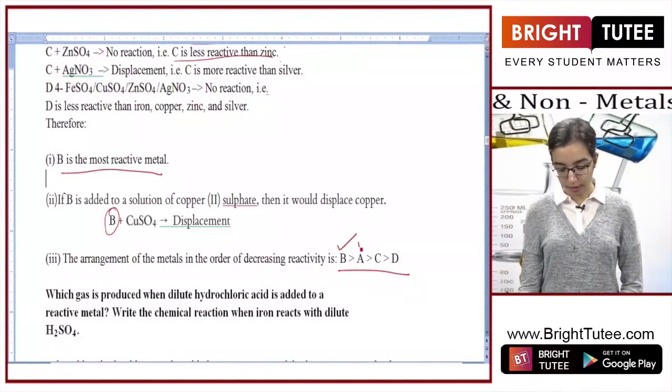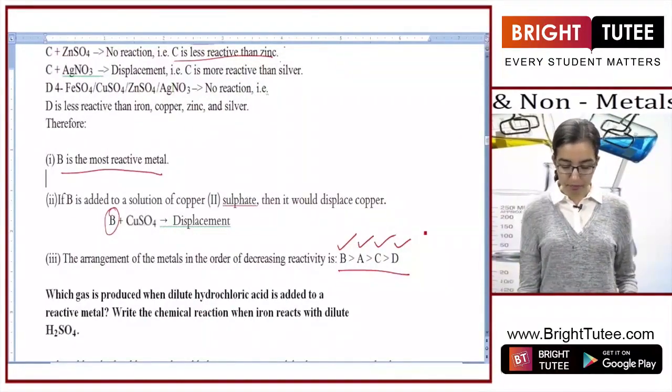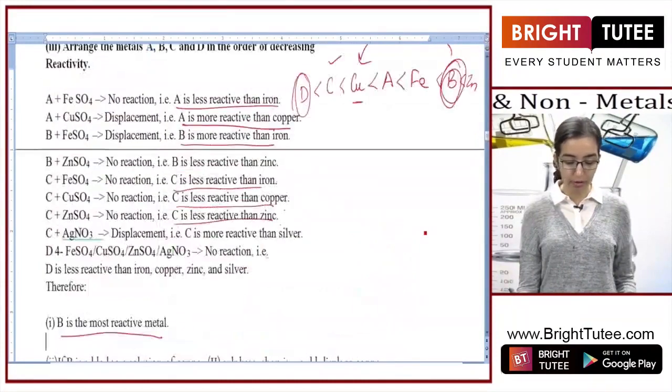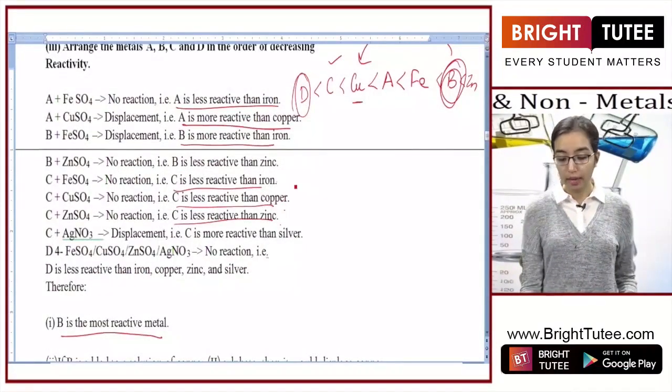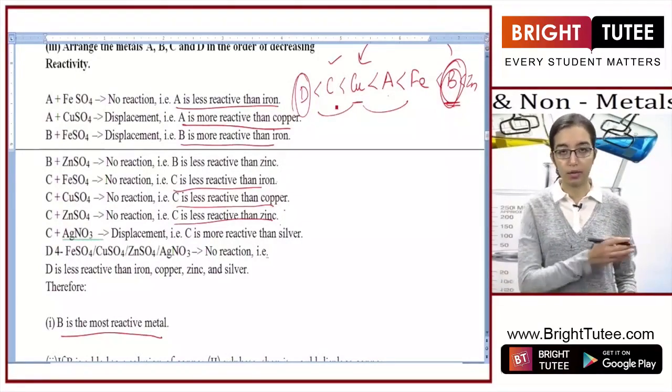So B is the most reactive, then A, then C and D. How did we establish this? We established this based on these equations that elements which are highly reactive like B come here between iron and zinc, then A is even lesser, it's somewhere between copper and iron, and these again are further down the line.